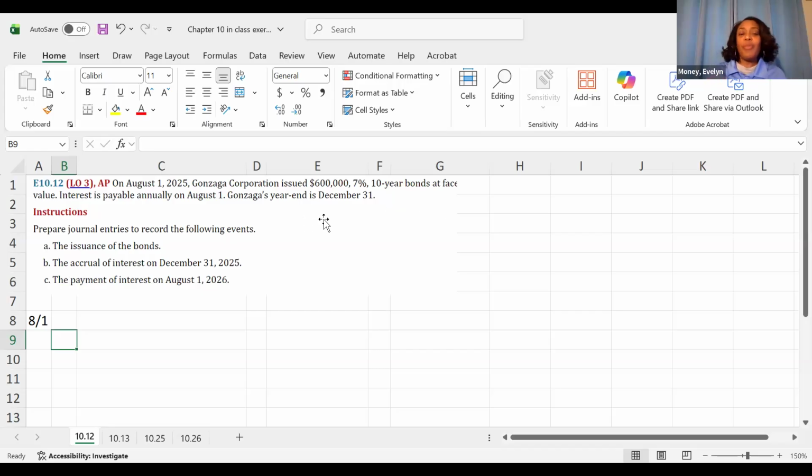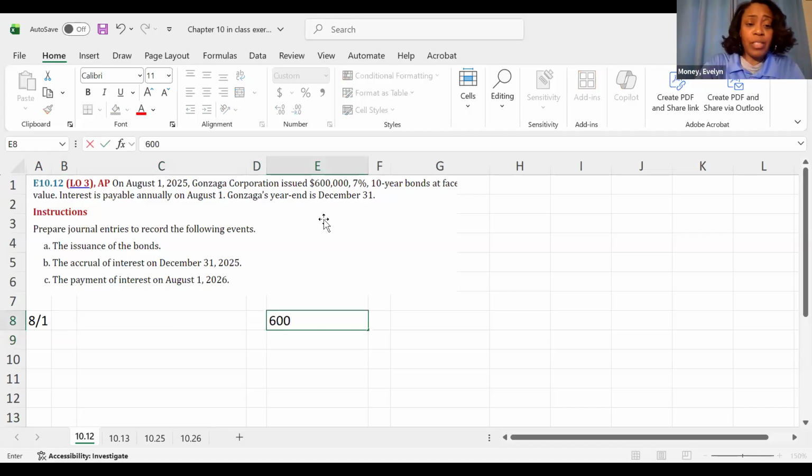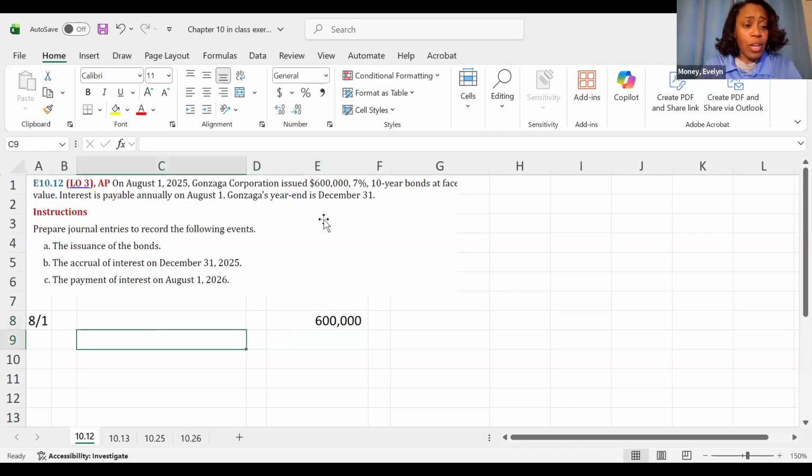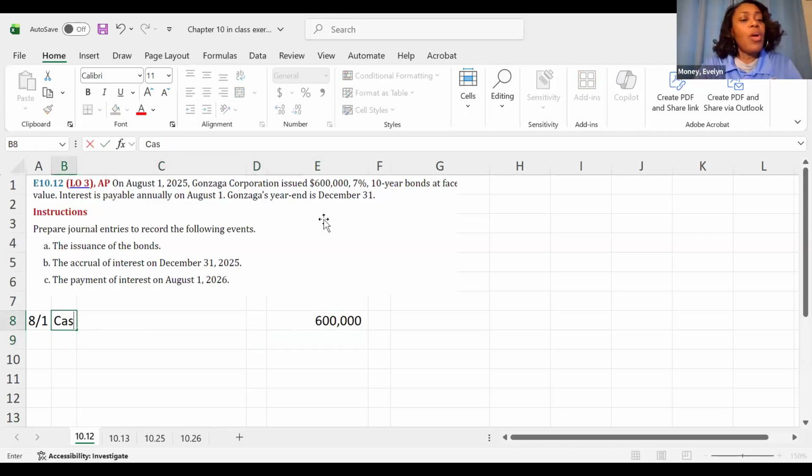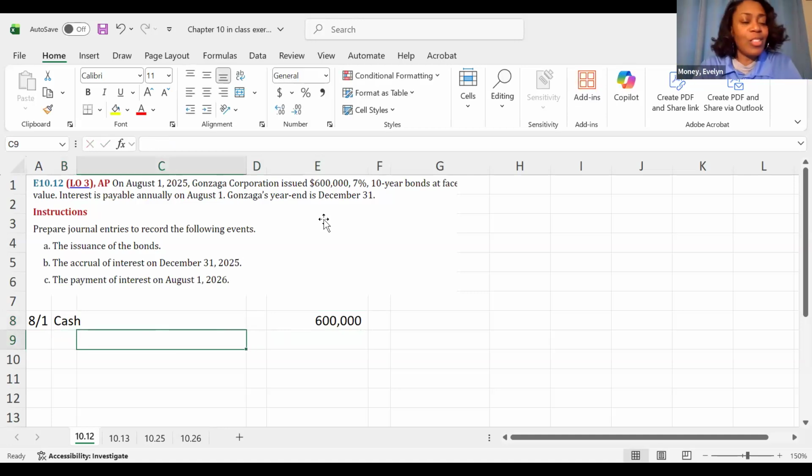In some of our other problems, we were given how many bonds were sold and the increment. In this one, they're giving us the amount, so I don't have to really do any calculations. It's just the 600,000. So we're going to debit cash. If you debit one thing, you have to credit something else because debits have to equal credits.